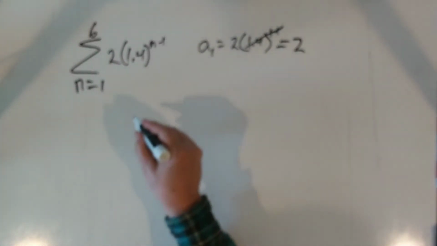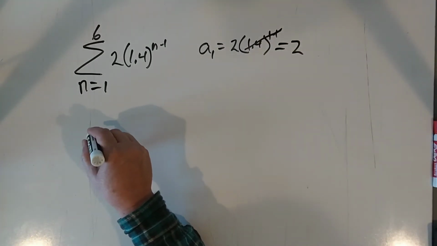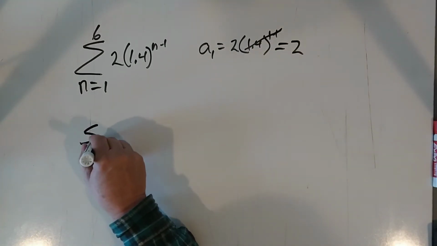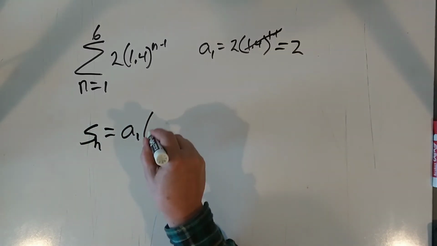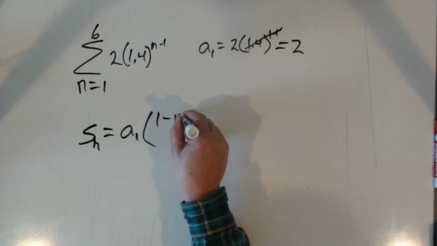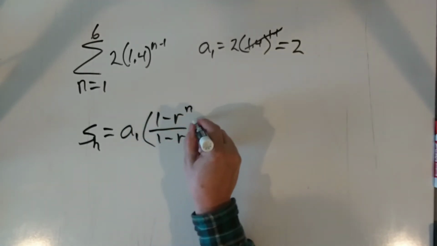Now I'm going to use the first formula: the sum is equal to the first term times 1 minus the common ratio to the nth power, divided by 1 minus the common ratio.